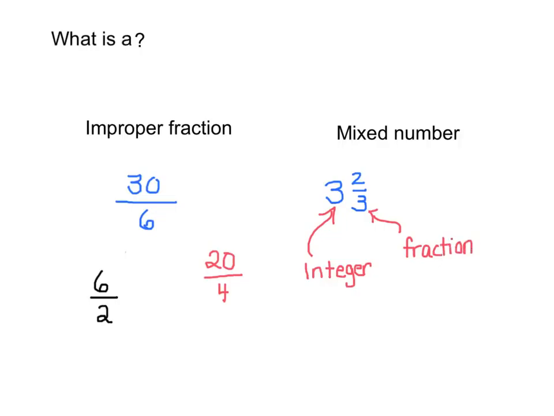We'll write a couple of other mixed numbers. 5 1/3 is a mixed number. 6 1/2 is a mixed number. So this is just to give you an idea that when you see improper fraction, it means the numerator is greater than the denominator. And when you see mixed number, that means it's made up of two parts, a whole number part and a fractional part.